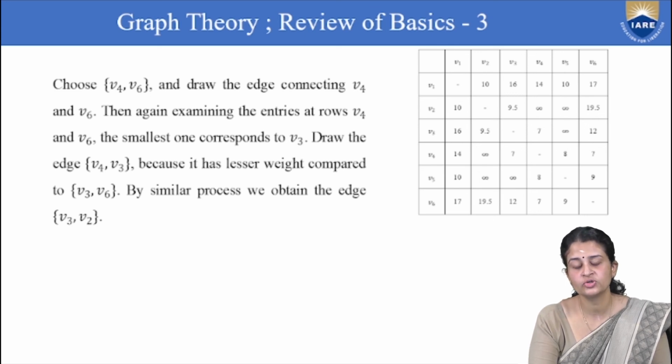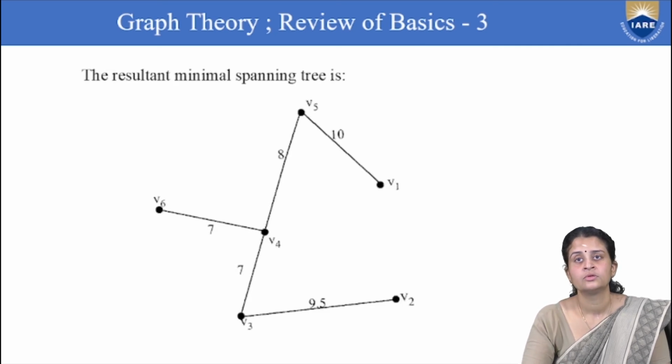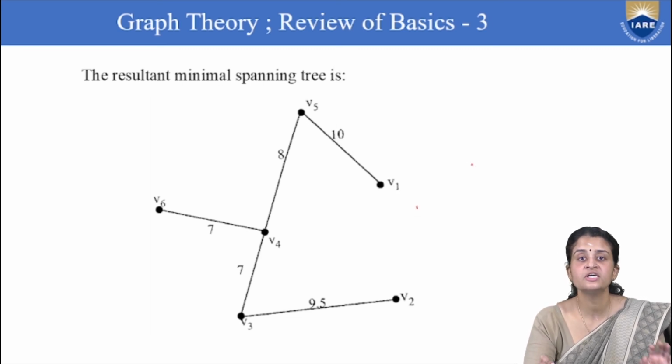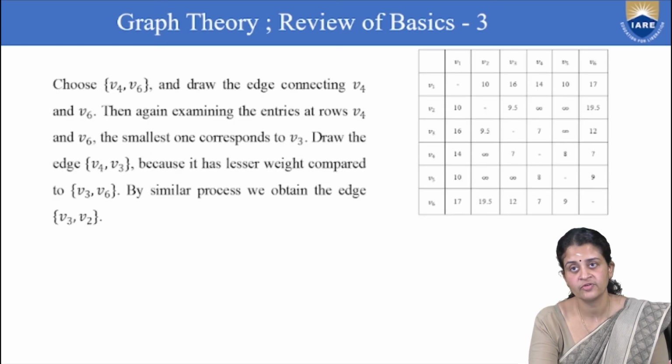Then again going to the V6 and V4 rows, I am going to V3, because V4, V3 has less weight when compared to V3, V6. And similarly, I am finding V3, V2. The resultant spanning tree is like this. This is the resultant minimal spanning tree of the given graph.